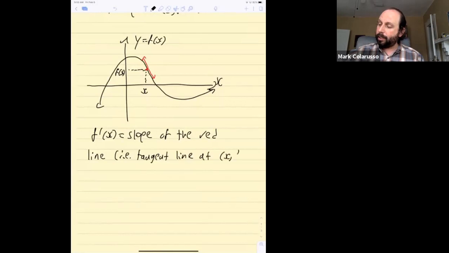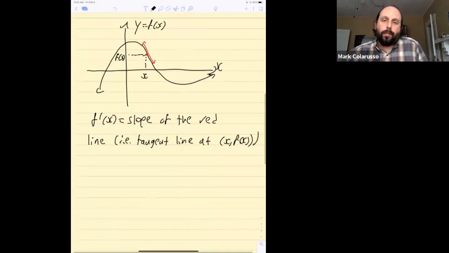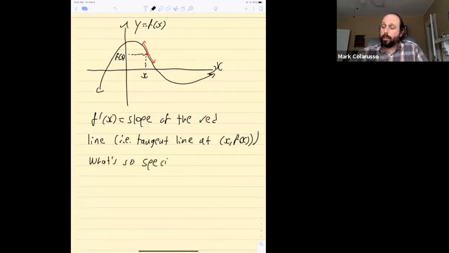Now I'm going to ask a question, and we kind of know the answer to this already from the discussion we had a few weeks ago when we first started talking about derivatives: what's so special about the variable x? Why do we always use this x? The answer is that there's nothing special about it.